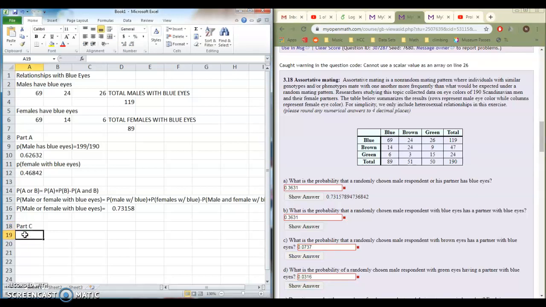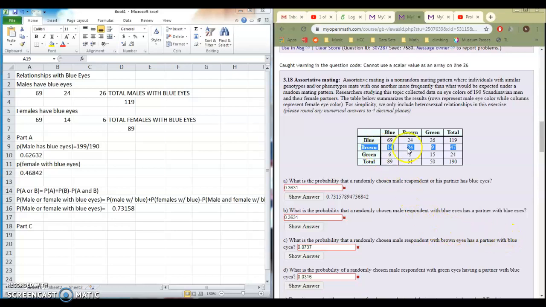What is the probability that a randomly chosen male respondent with brown eyes has a partner with blue eyes? So these are all the male respondents with brown eyes here in this row, right?